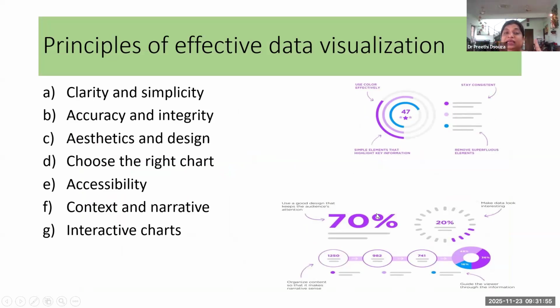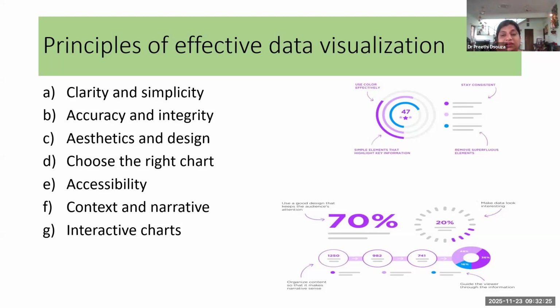First, you need to be very clear about your data and the technique of visualization you use, and try to use simple ones. Be very accurate and have integrity when you're visualizing the data, placing which data you want. The data has to be very clear. The design and aesthetics, it is up to you. Choose the right chart, pie chart, bar chart, tree chart, whichever you want to, it is for you.